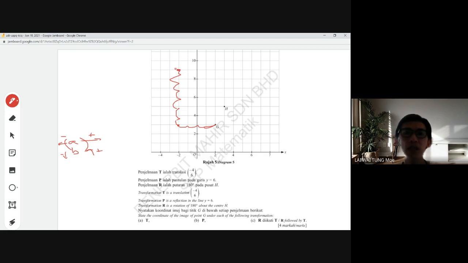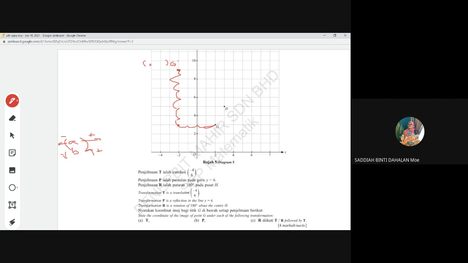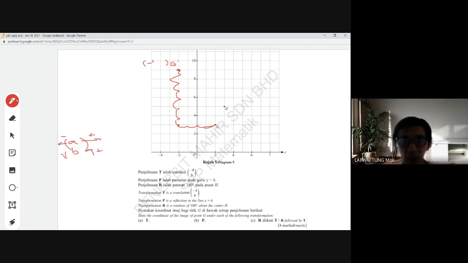This point is the image for G after it goes under the transformation of T, which is a translation. What is the coordinate for this point? -2, 9. Okay, very good. So the answer for question A is (-2, 9). Okay, so question A done.